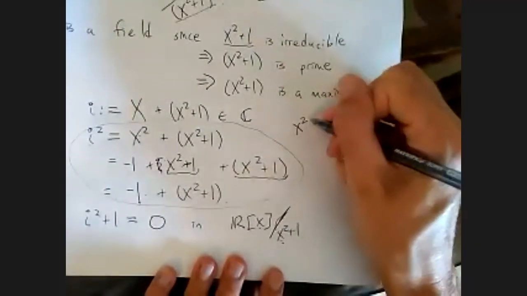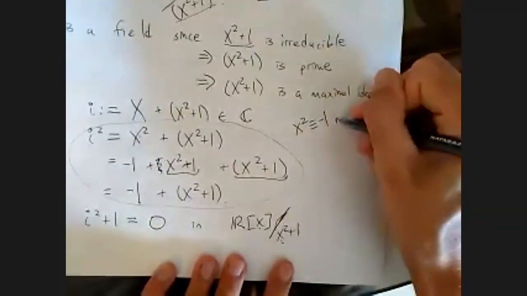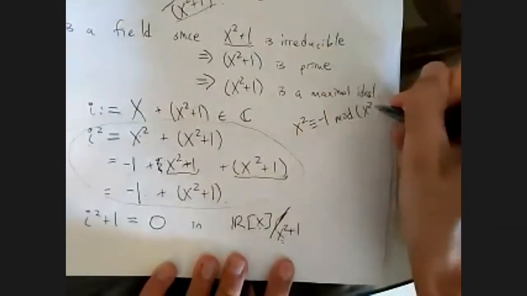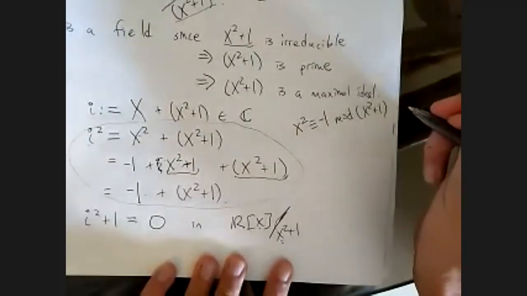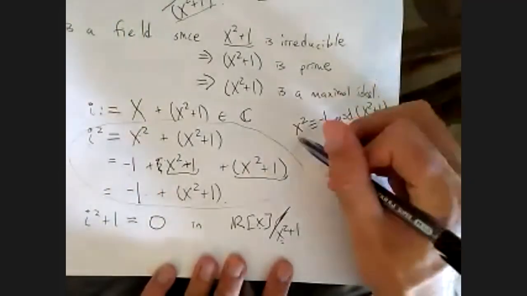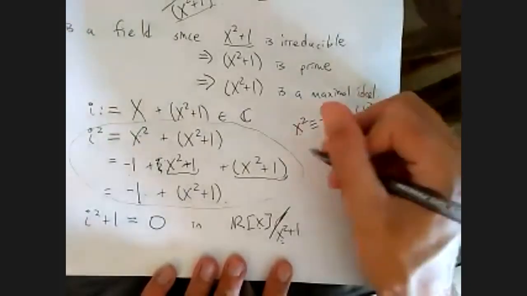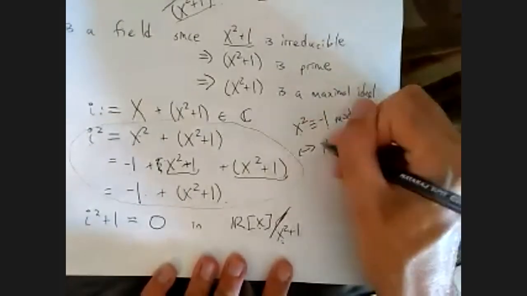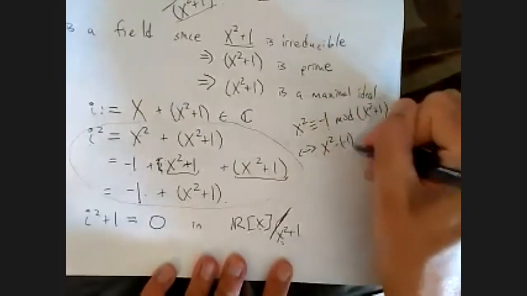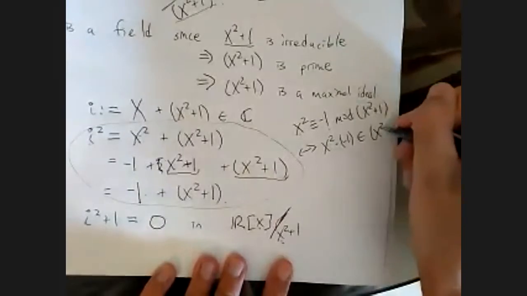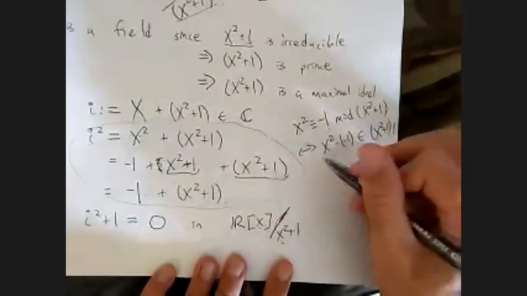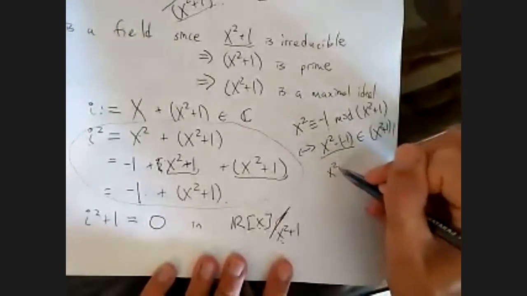So x squared is congruent to -1 mod x squared plus 1. Why is that? Well, the definition is just that this minus this has to be in the ideal generated by x squared plus 1. This is just x squared plus 1.